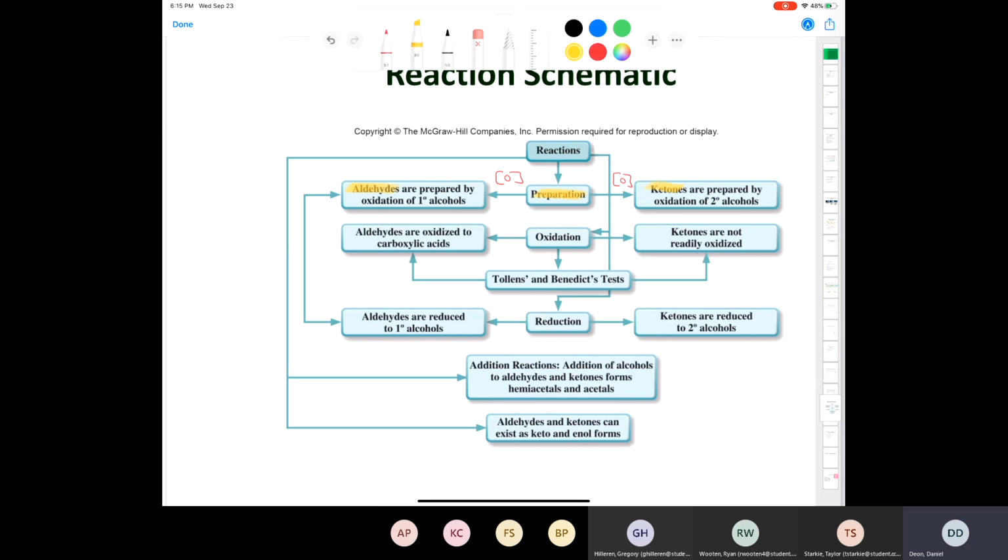Then it says oxidation. It says that you can oxidize an aldehyde. And what do you get when you oxidize an aldehyde? You make a carboxylic acid. Whereas a ketone is not readily oxidized. We can't just take a ketone and simply treat it with chromic acid and oxidize it any further. It won't happen. How do we distinguish between an aldehyde and a ketone?